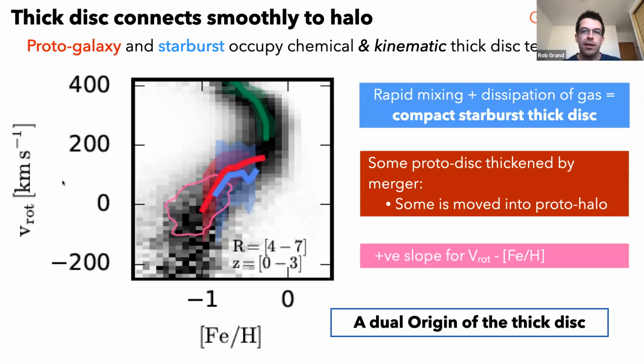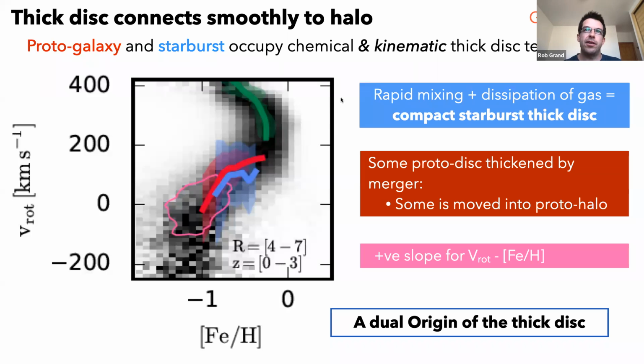Now, combining these things, we can look at the rotation velocity as a function of metallicity. And we see here that both the starburst and the protogalaxy material exhibit this positive gradient, which we would also expect for the thick disk.